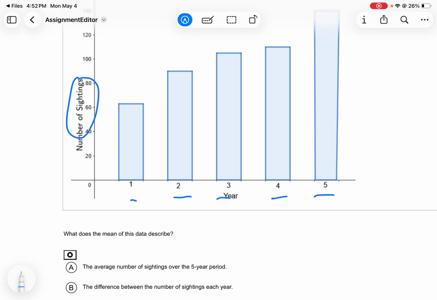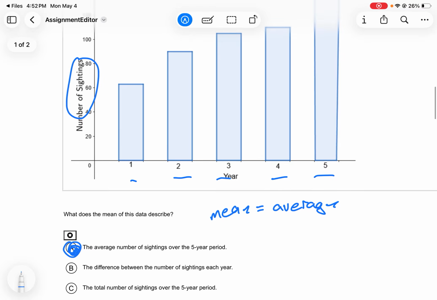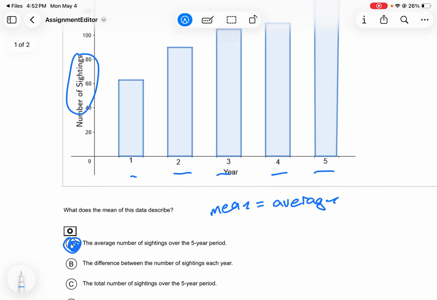Well, mean equals average. So, yeah, it's A. The difference between the number of sightings each year, well, no, that would involve subtraction.